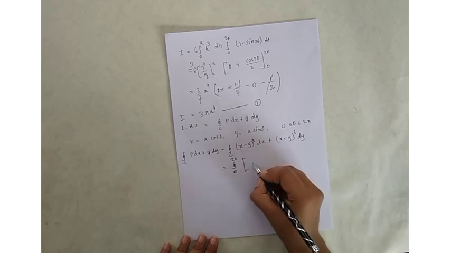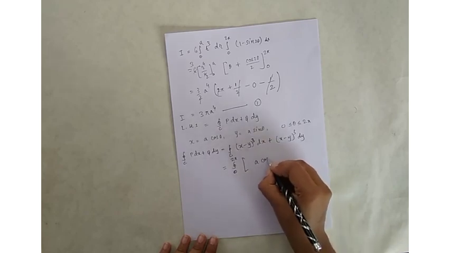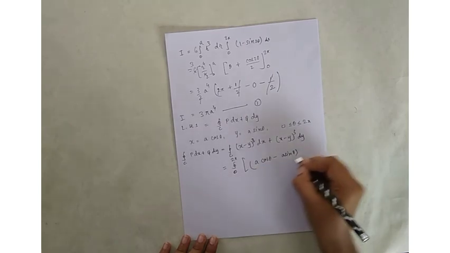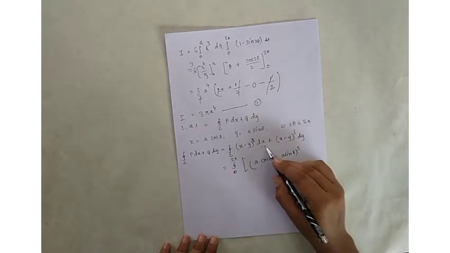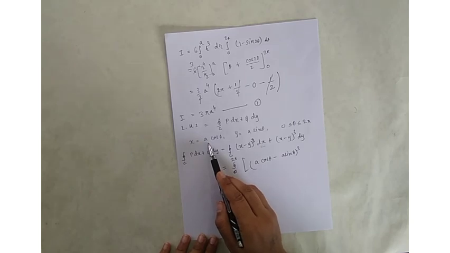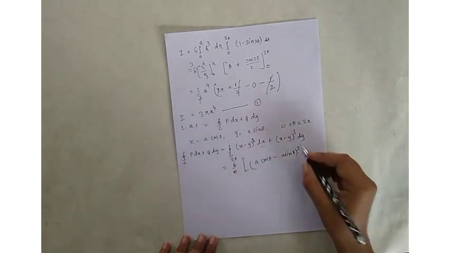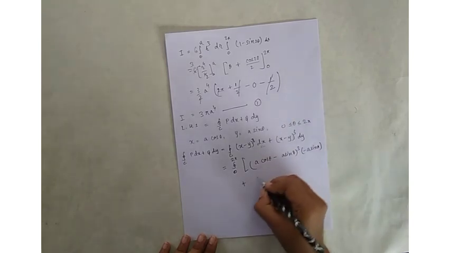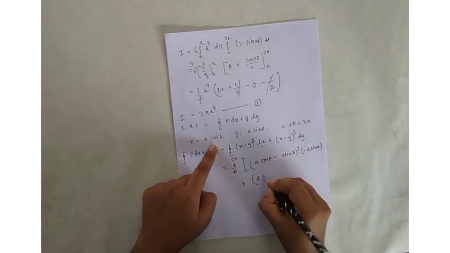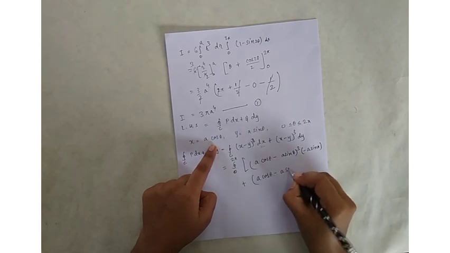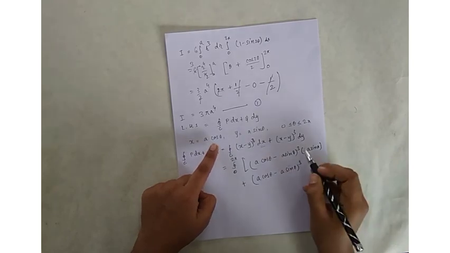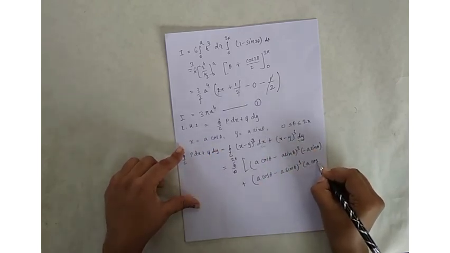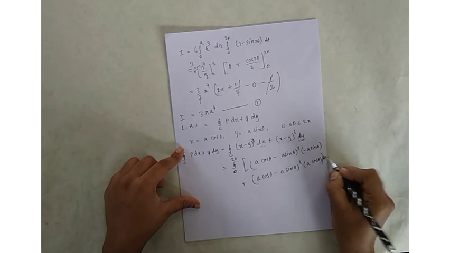Put the value of x, that is (a cos theta minus a sin theta) whole cube, and dx, that is a into minus sin theta, plus (a cos theta minus a sin theta) whole cube and dy, so the value of dy is a cos theta into d theta.